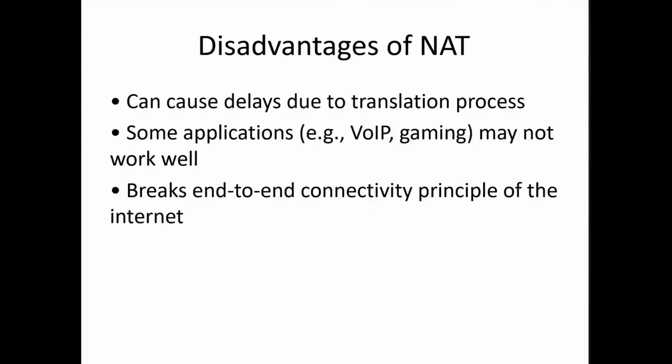Now come the disadvantages of NAT. Some apps, like online gaming apps, can have issues with NAT, because private IP addresses are being converted to public IP addresses. Those apps may not work that well with NAT, and NAT can add a tiny delay because there is always a translation process from private IP to public IP.